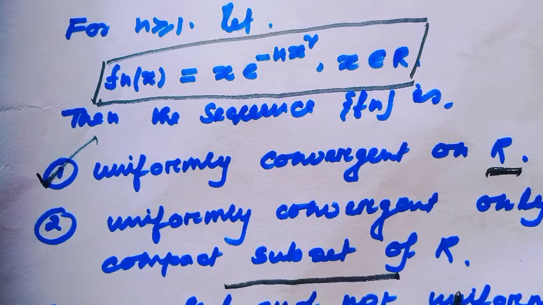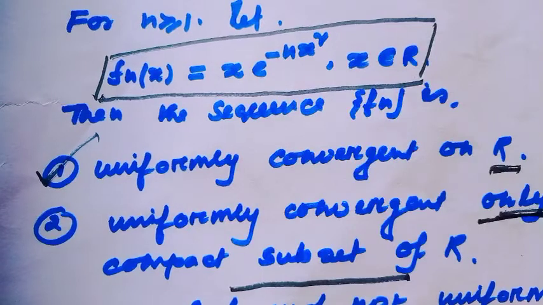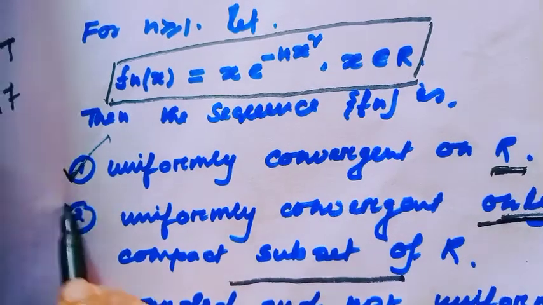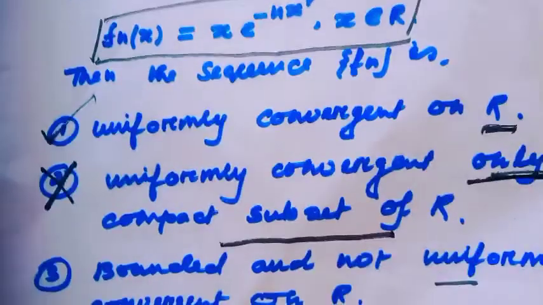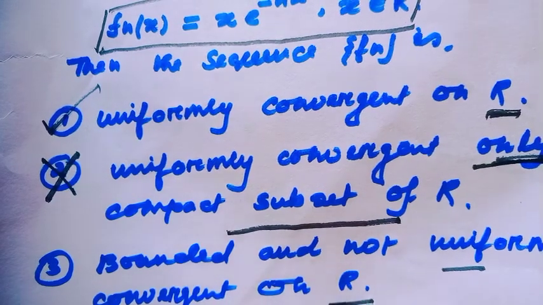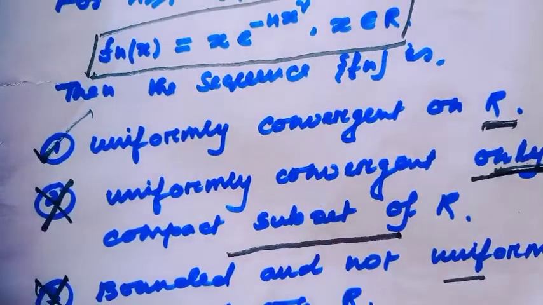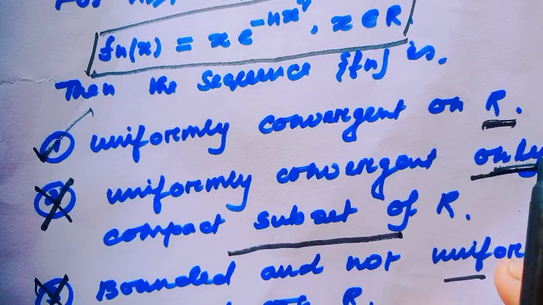This is not true, because it is not only on that. That means option 2 is a wrong option. And option 3 indicates bounded and not uniformly convergent on R. This is also a wrong option. That means only option 1 is the right option.